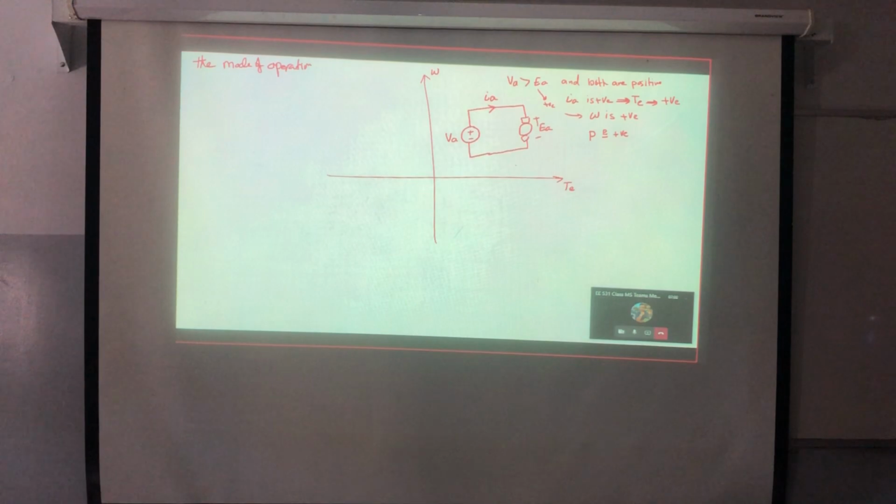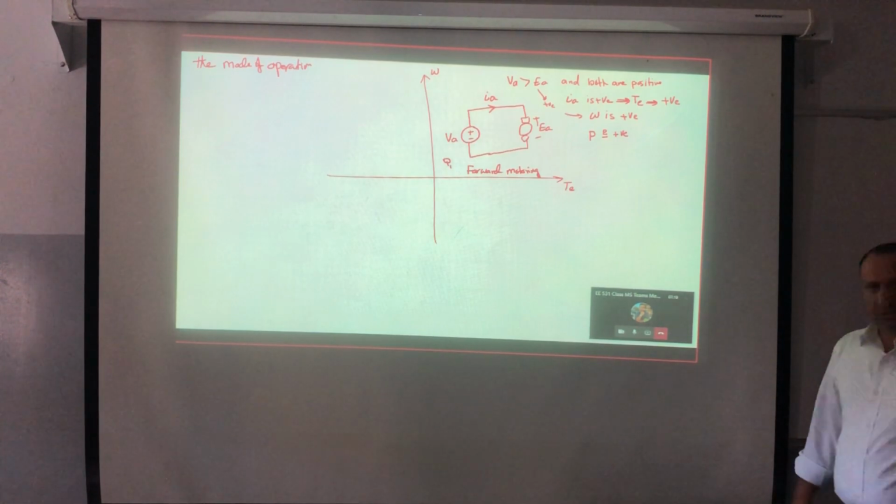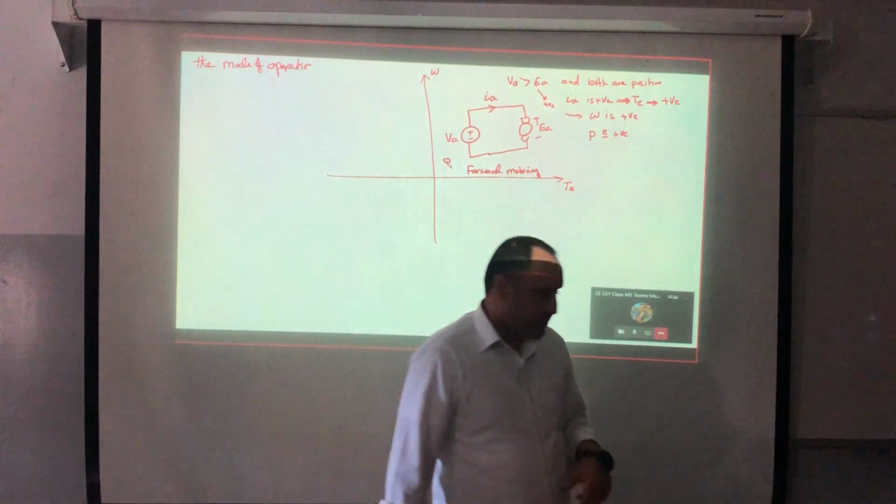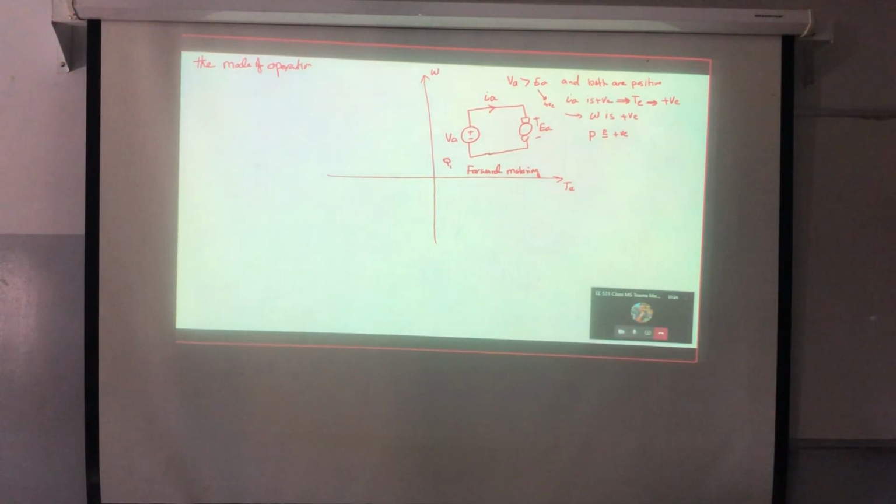So simply, this is what we call forward motoring, and this is what we call the Q1 mode of operation. So in the Q1 mode of operation, the torque is positive and the speed is positive. Good.